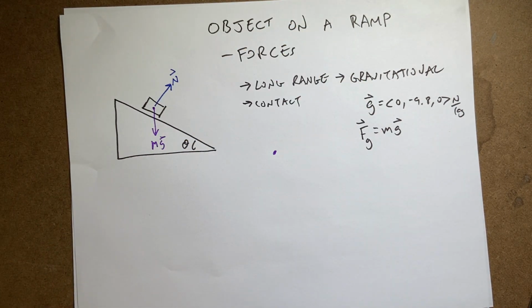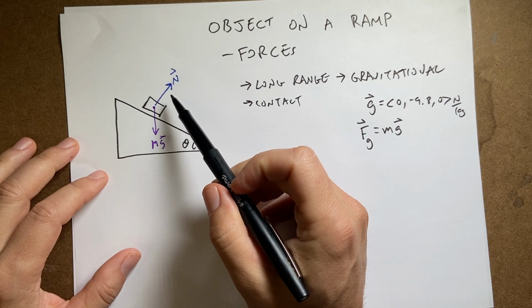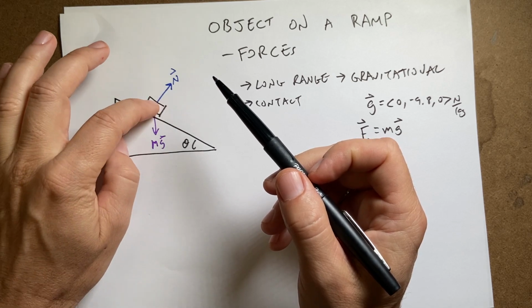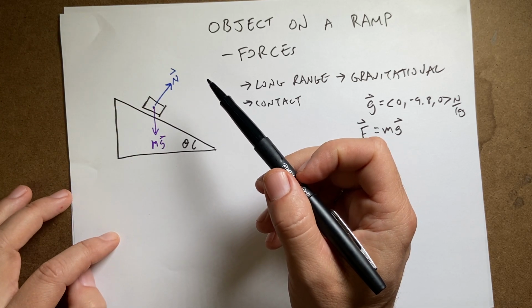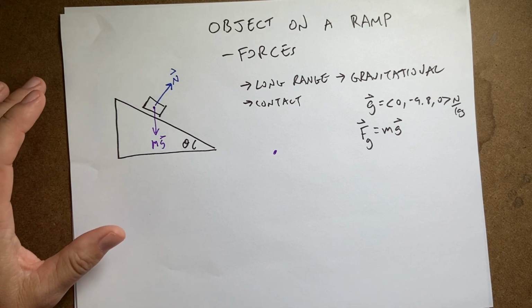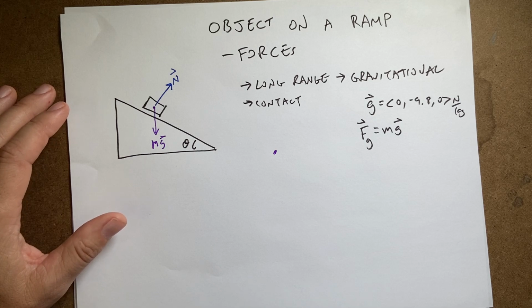Now, the normal force is a contact force. There's no straight-out equation for it because it can push as much as it needs to in order to prevent the block from going through the ramp. And that's it. Those are my only two forces. Now, if the block's going to accelerate down, we would want to pick an xy axis in the direction of the acceleration.